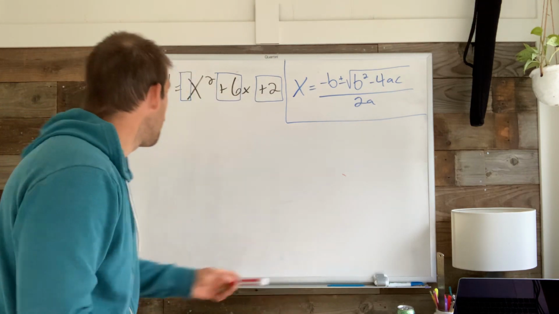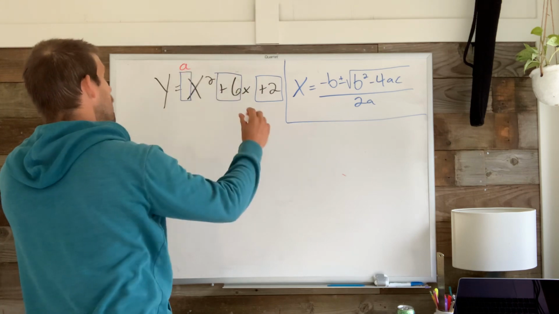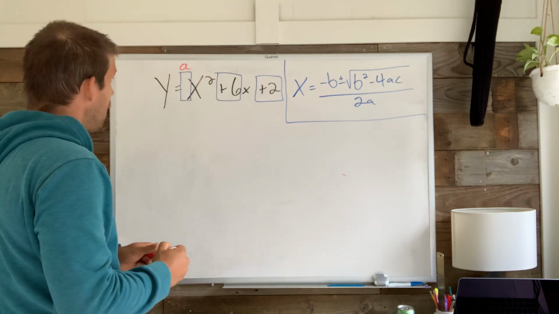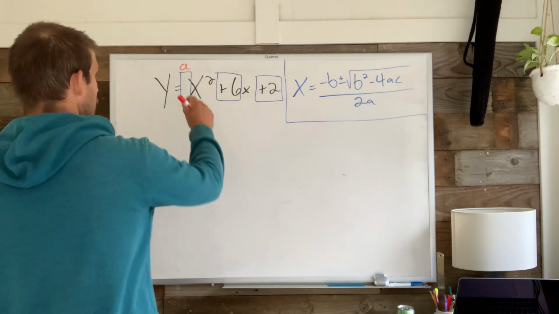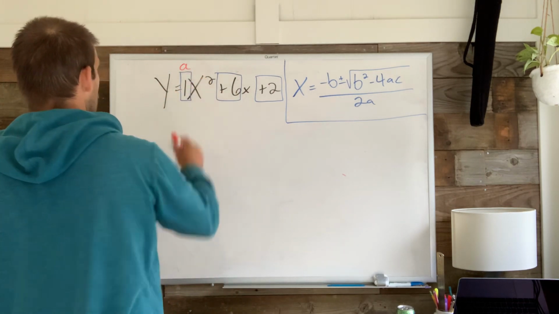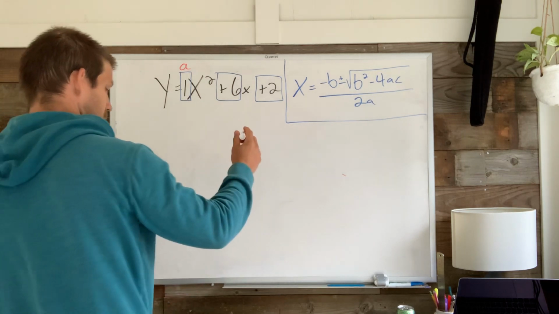Okay, so in this position, this is the A position. And if we don't have a number in front of an x or an x squared, we can always assume that that number is 1. So 1 for the A position.